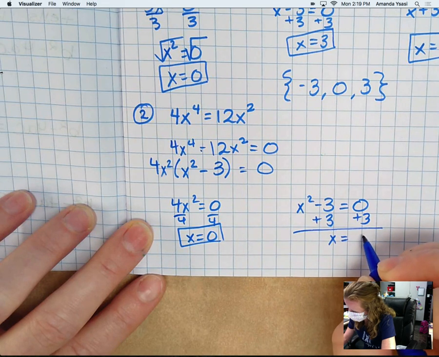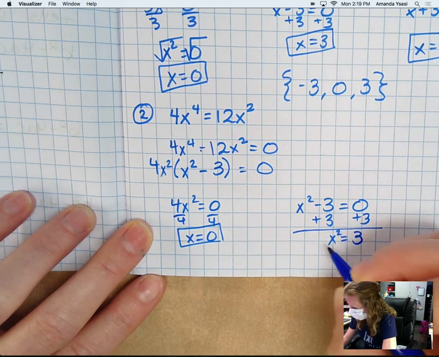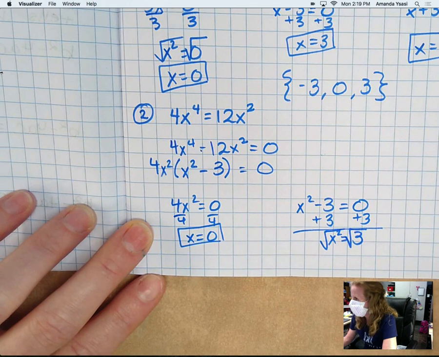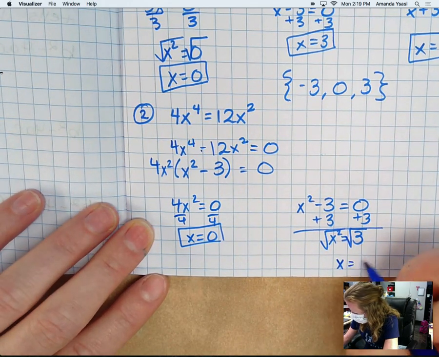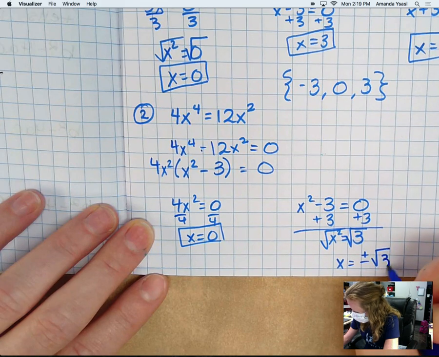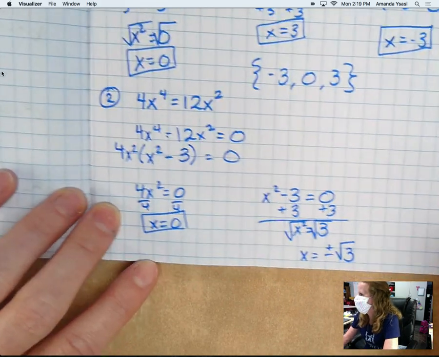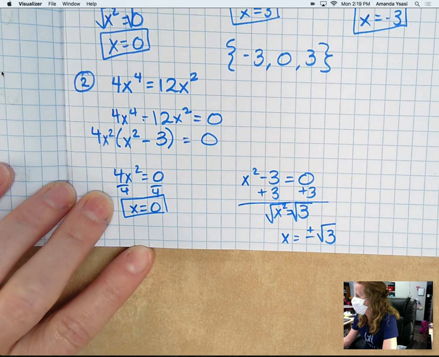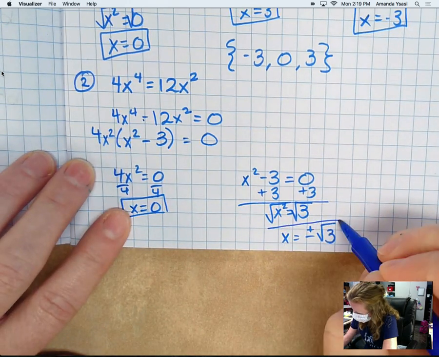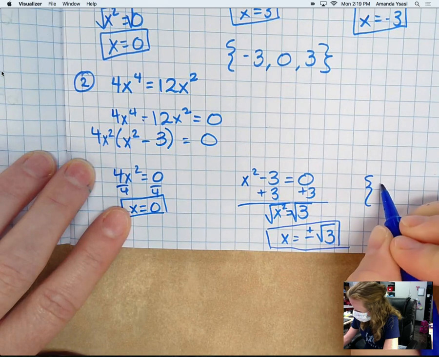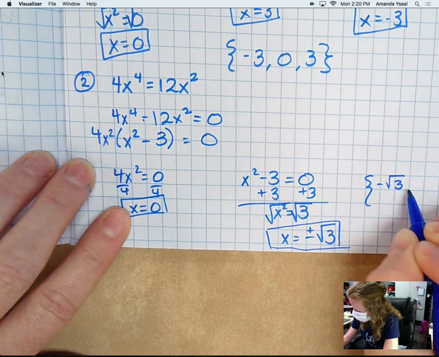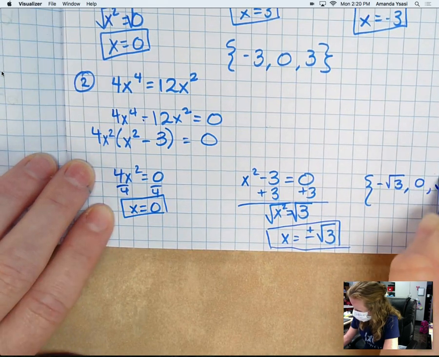X squared equals 3. So then you take the square root. But when you take the square root, you have a positive and a negative. So x equals plus or minus square root of 3. And we can write that as our list of solutions: negative square root of 3, 0, square root of 3.